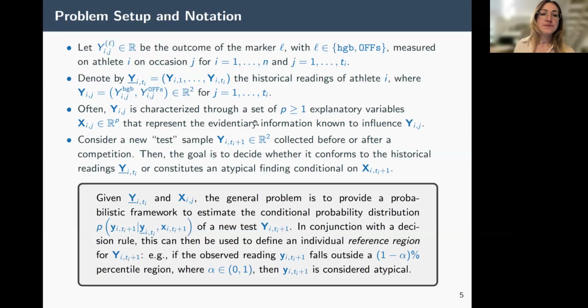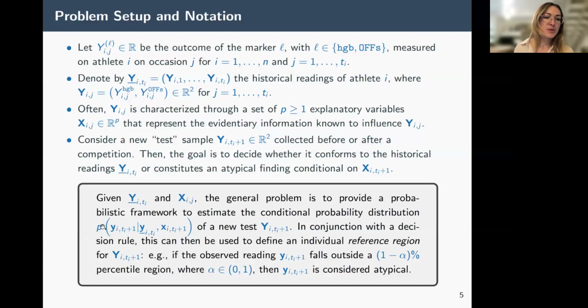So the goal is to decide whether this test sample, once it is observed, conforms to the historical readings, or whether it constitutes an atypical finding, conditional often on the set of covariates. So the general problem is basically to provide a probabilistic framework to estimate a conditional probability distribution in a similar form to this one.